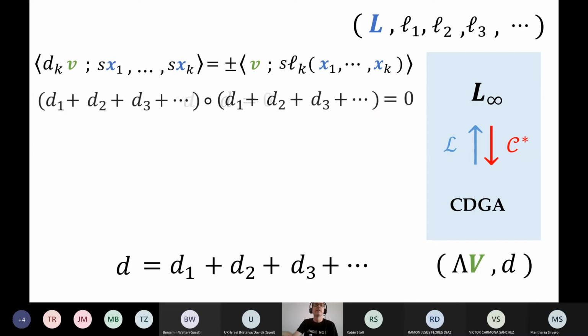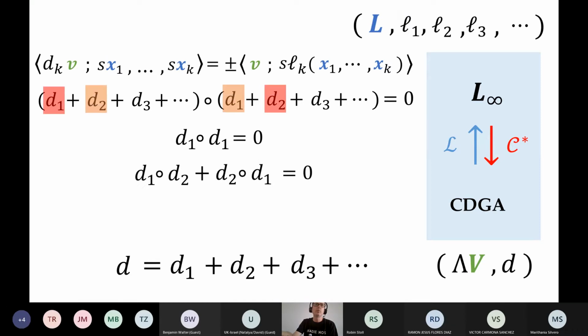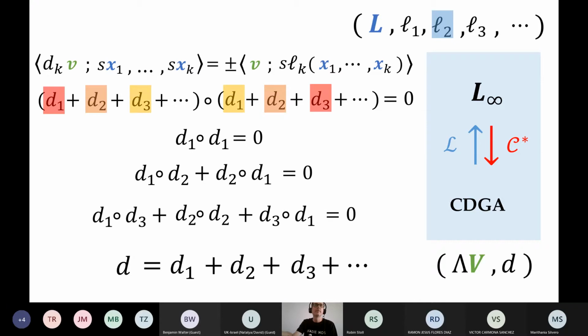We have all these things. So first D1 should be 0. This involves only the first bracket. We have D1 D2 plus D2 D1 equals 0, which involves the first two brackets. But here we do not have D2 squared equals 0, because here we have more terms.